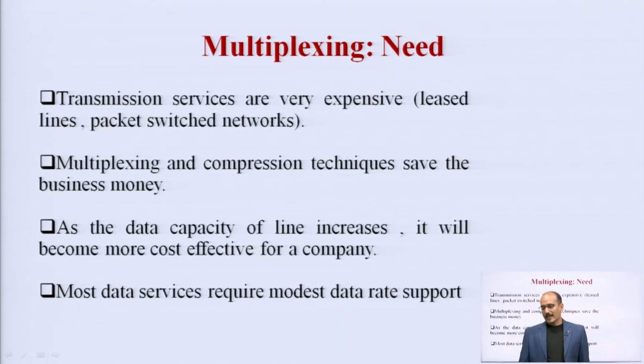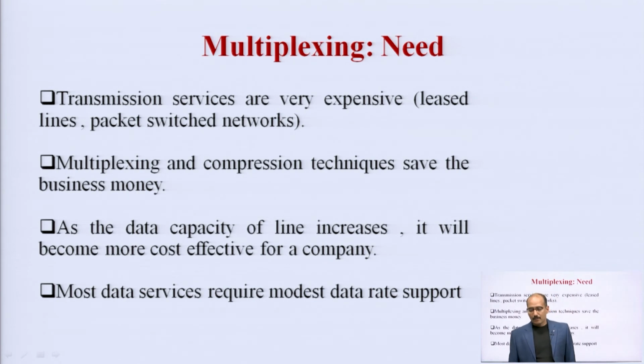So, starting with the multiplexing need, as you all understand, why is multiplexing required? Actually, transmission services are very expensive, such as leased lines and packet switch networks, and if we are going to apply various transmission services for a single line or a single system, the cost is going to increase very much.